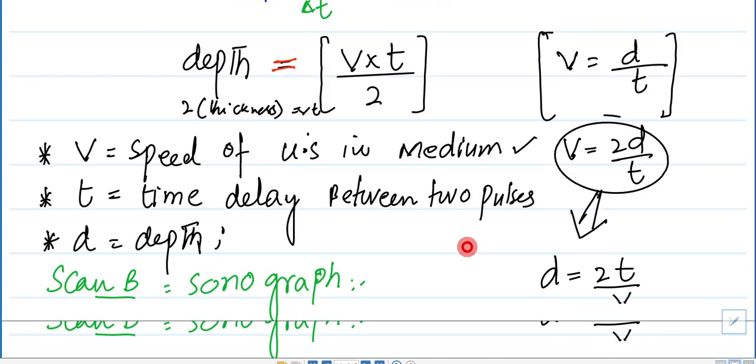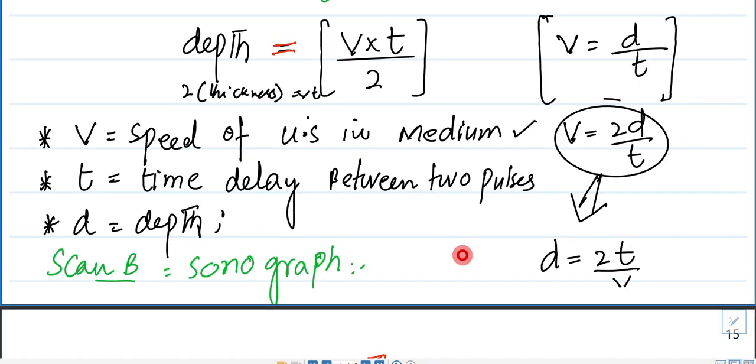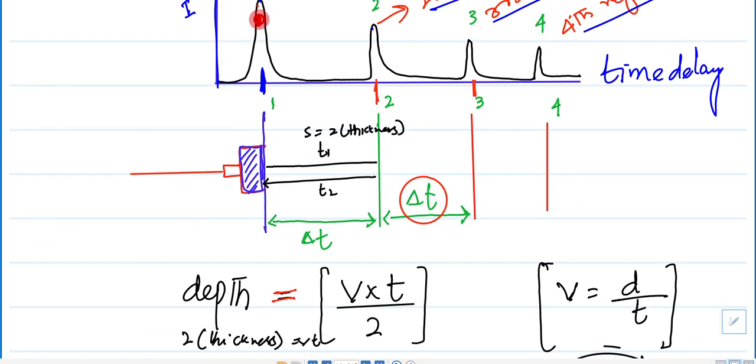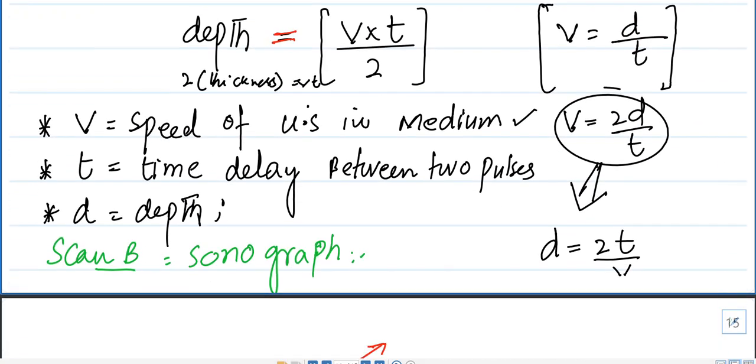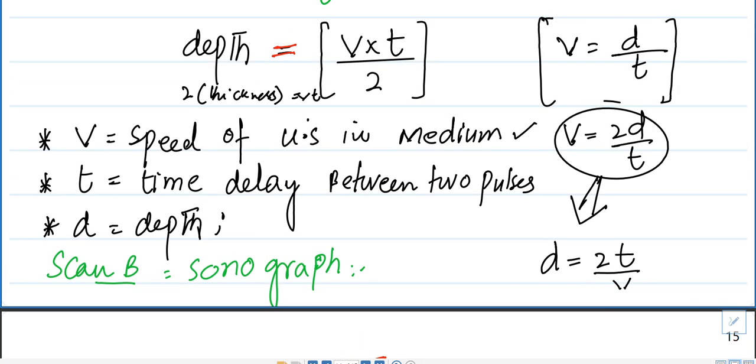Here v is the speed of ultrasound in the medium, t is the time delay between two pulses, usually from a reference pulse, and d is the depth. And B scan is a sonograph.